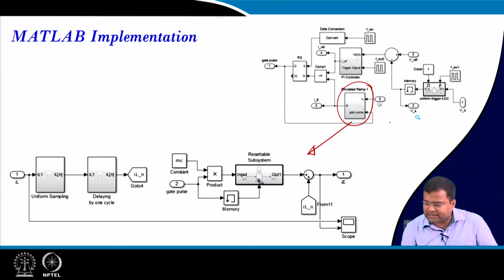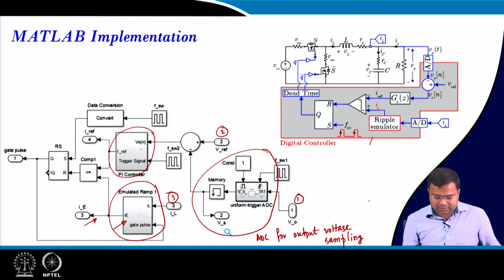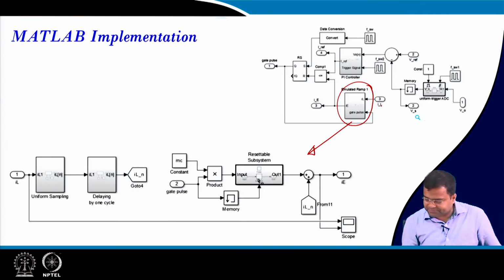The input to this block is the inductor current, and then the gate pulse. These are the 2 inputs.